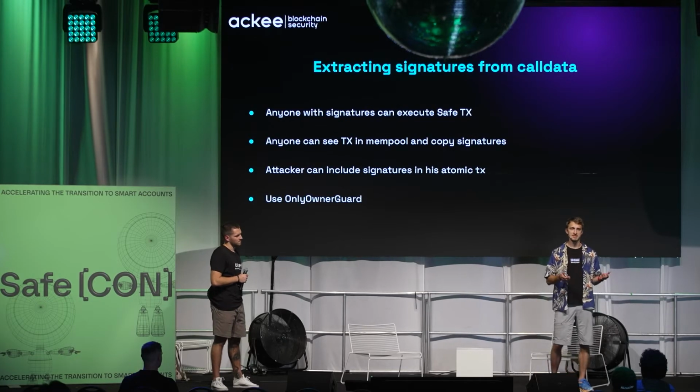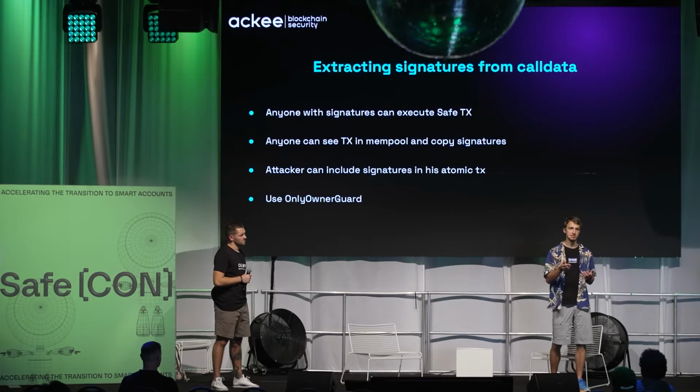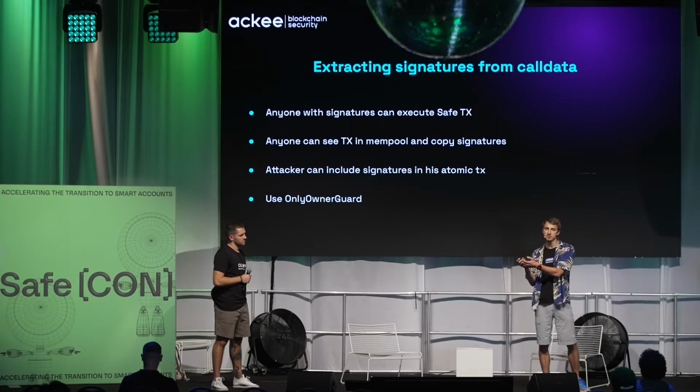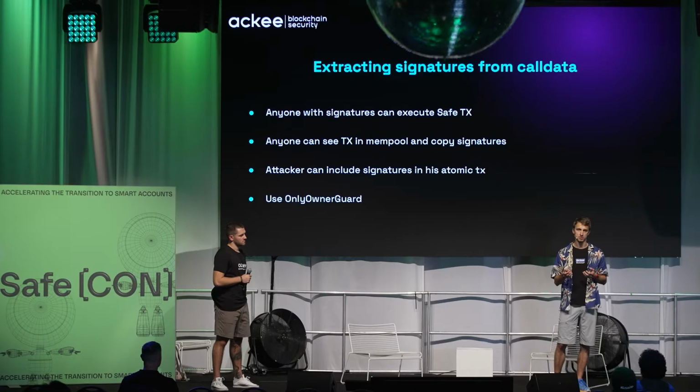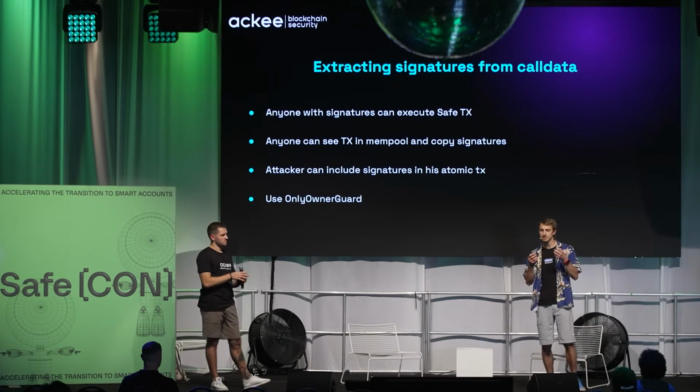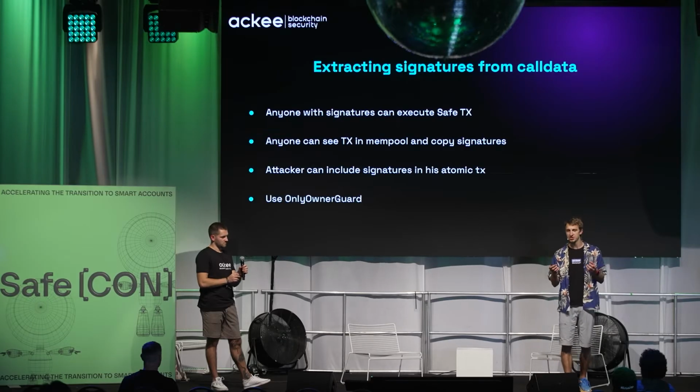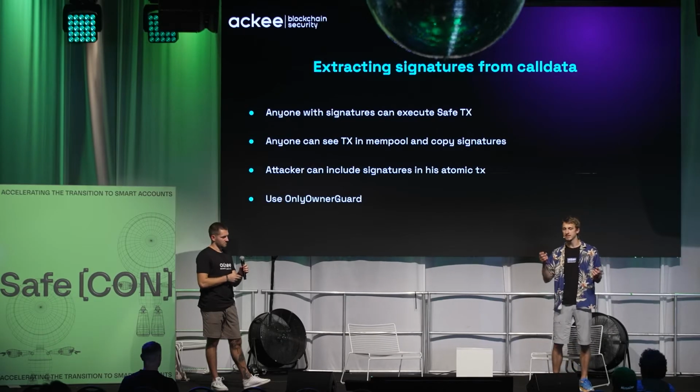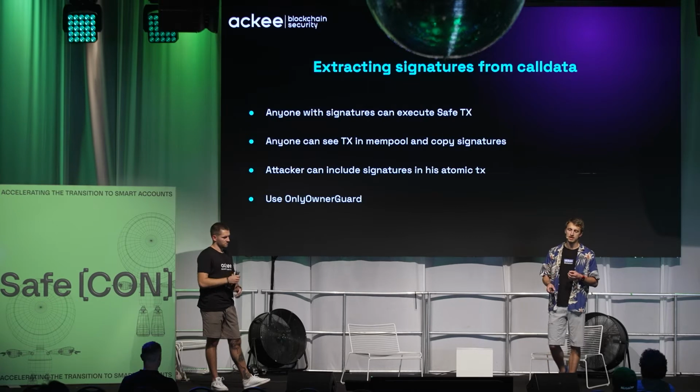So anyone can take the inputs to my transaction, can take the signatures, and copy them to his own contract. And inside his contract, he can call my Safe to actually perform the state change that I authorized by signing the transaction in the first place.